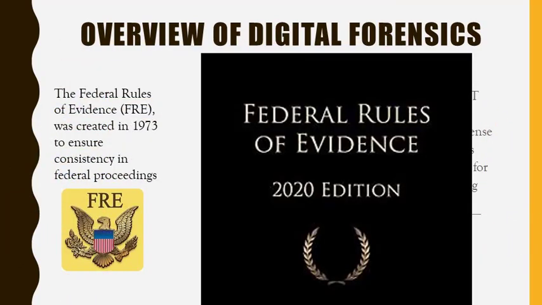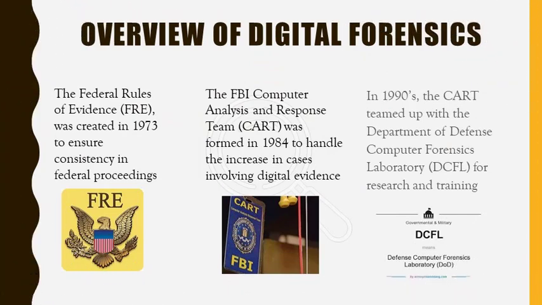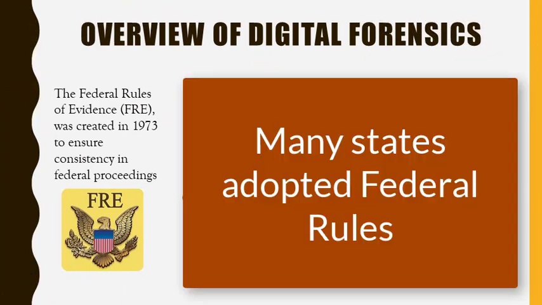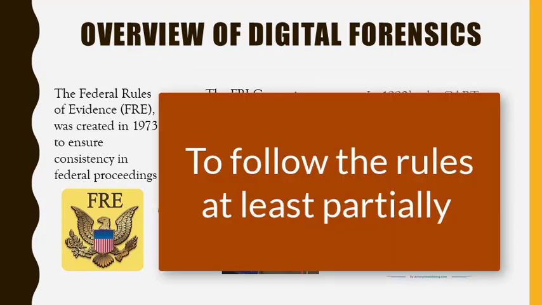It codifies the evidence law that applies in the United States federal courts to ensure the consistency of procedures about evidence. After that, many states in the United States adopted the Federal Rules of Evidence, with or without their local variation or revision, to at least partially follow the federal rules.